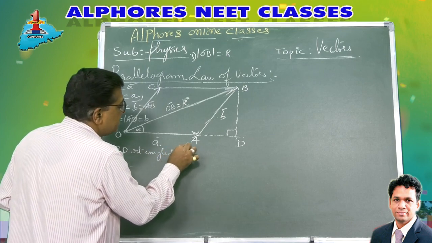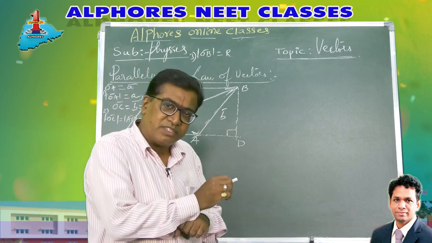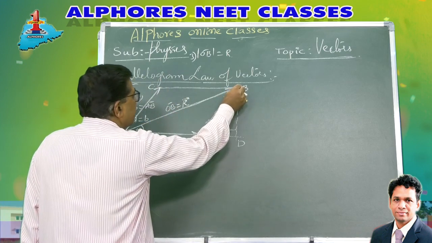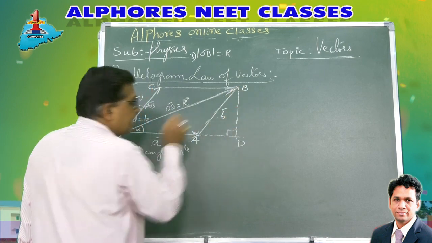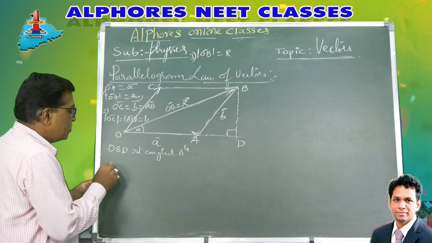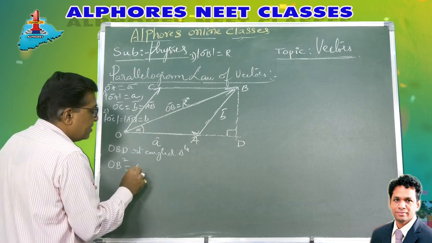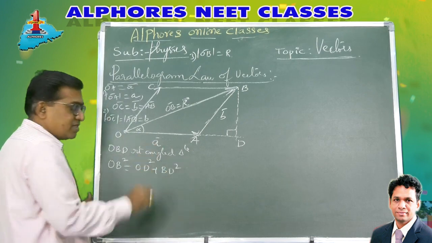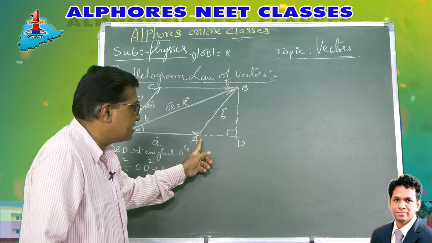So in a right angled triangle you can apply the Pythagoras theorem. According to the Pythagoras theorem, OB is the hypotenuse, OD is the base and BD is the height, the altitude. So OB square, hypotenuse square, is base OD square plus BD square. But what is OD? OD is OA plus AD.